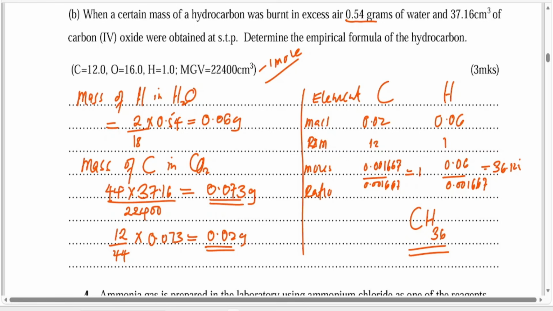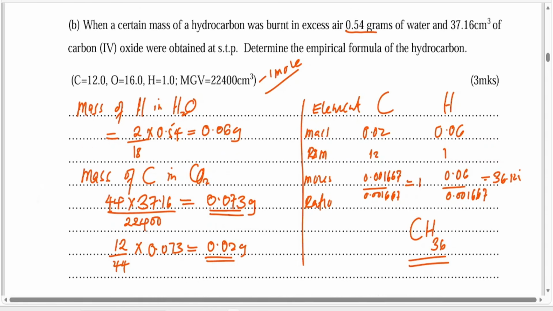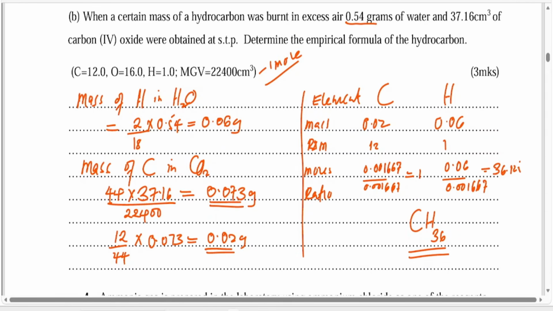So what you need to understand, as a student, is to take note of the method that I've used, and you shall be in a position to obtain the correct answer in future whenever you are given this kind of question.